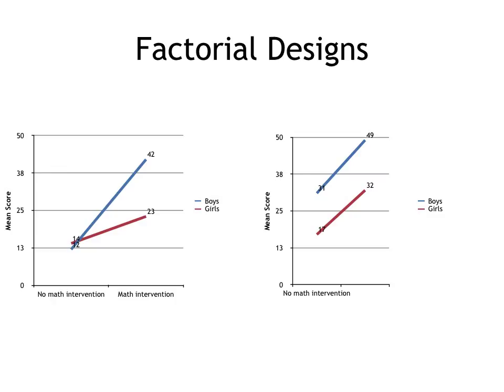And the same thing happened when there was a math intervention. The group that had the math intervention scores higher. So there's not an interaction between the intervention that's happening and the gender in this case. The boys were scoring higher without it, and the boys are scoring higher with it. Both groups benefited from it, but the benefit doesn't depend on whether they are a boy or a girl.